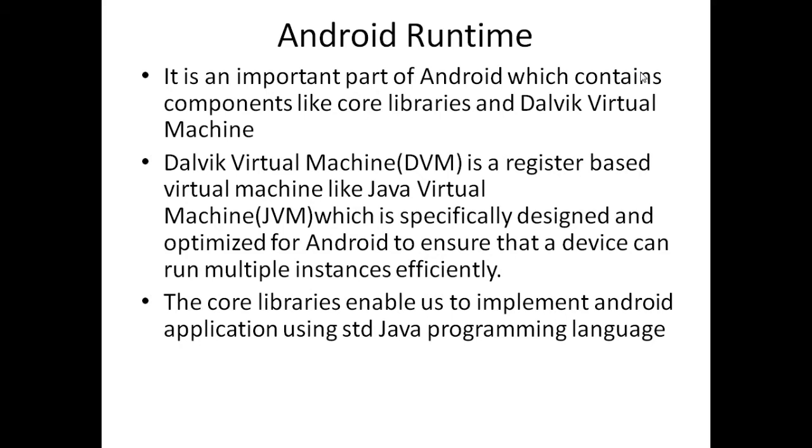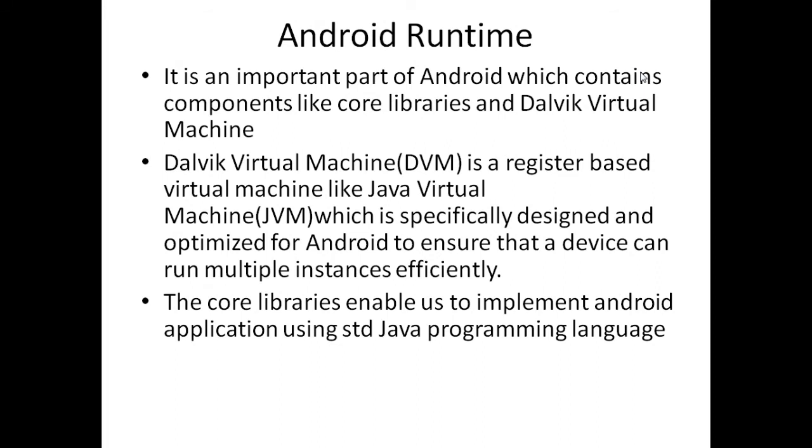The third layer is Android runtime, which is a very important part of Android, and it contains components like core libraries and DVM. DVM is the Dalvik virtual machine. This is a register based virtual machine like JVM, the Java Virtual Machine, and it is specifically designed and optimized for Android to ensure that the device can run multiple instances efficiently.